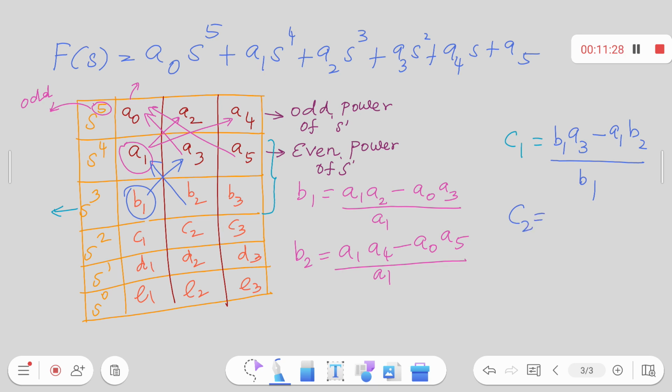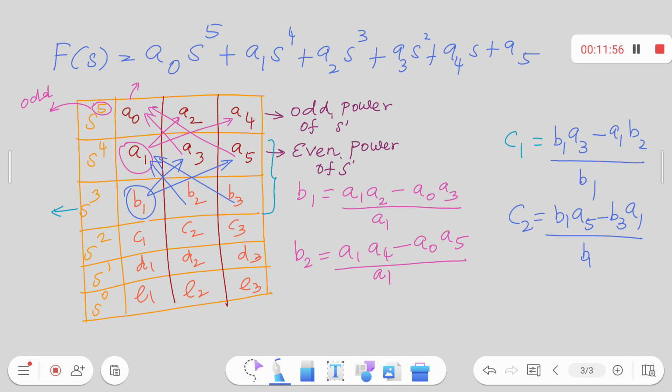Similarly, my c2 will be b1 a5 minus b3 a1 divided by b1, that gives you c2. Clear? Likewise, we have to find the remaining two rows. So this is how we need to construct this Routh array.